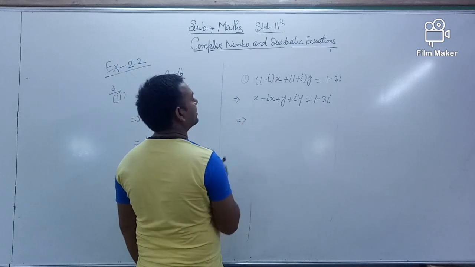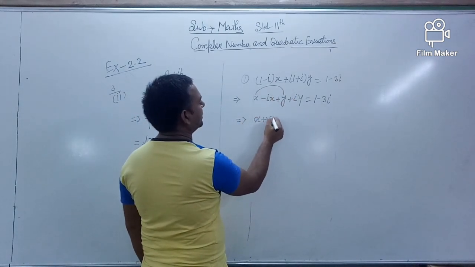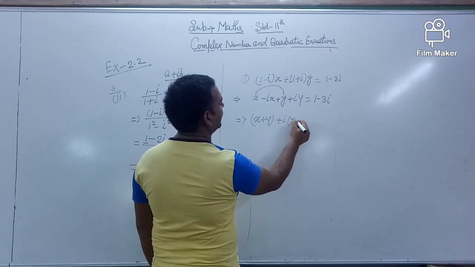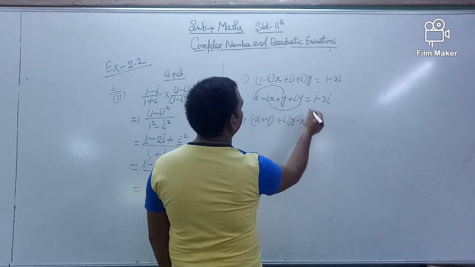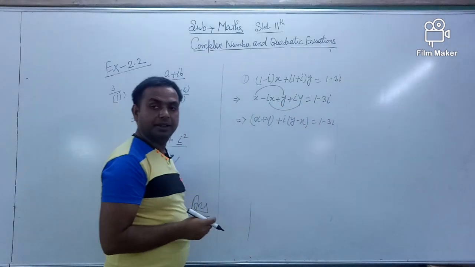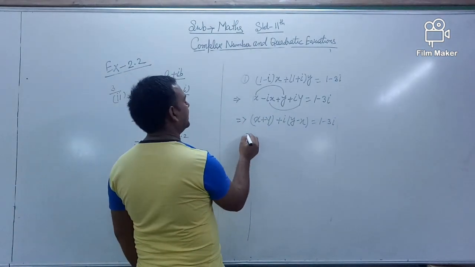Then you take real part with the real part. These are the real parts, so it is x plus y. And plus, you take i common, so this is i times (y minus x), because both are imaginary parts, equals 1 minus 3i. Comparing both sides, real parts with real parts, imaginary parts with imaginary parts.